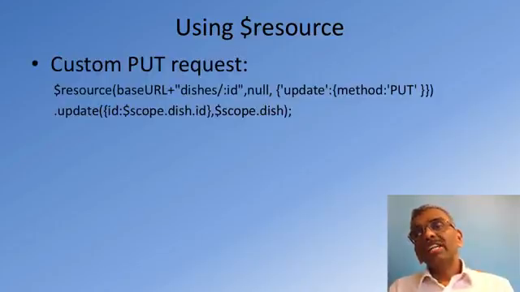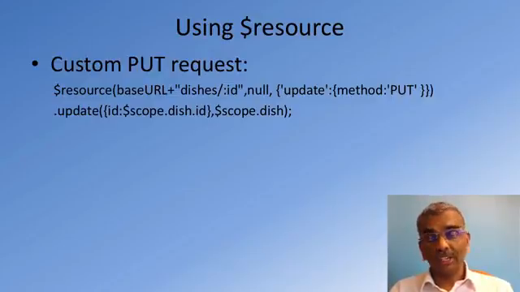You can also create custom put requests. When you looked at the built-in methods for resource, you didn't see me specifying a put there. The put doesn't exist explicitly in the resource, but you can create your own custom method which you can designate to use the put operation. In this case, I declared an update method, and for this update method I specify the method to interact with the server as put.